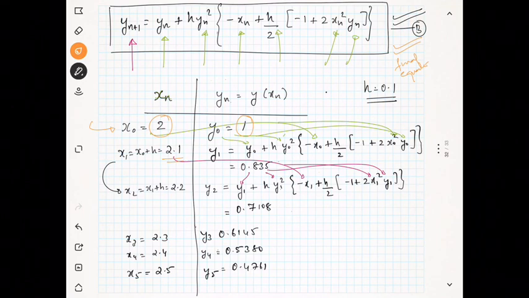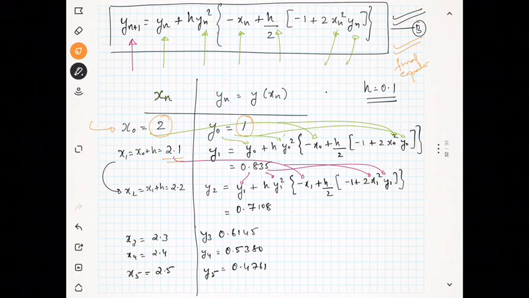So you have x1, and you know y naught and x naught. By using these values you will find the next value of the function. You will substitute into the equation and get the value of y1.